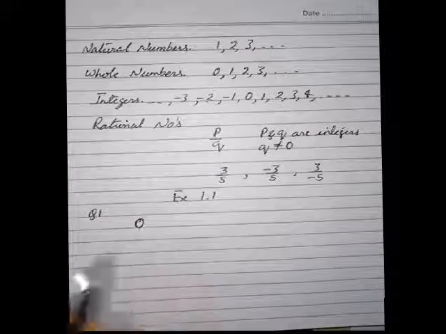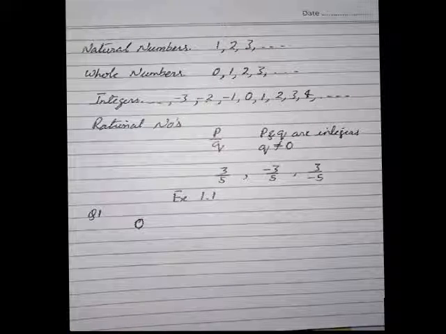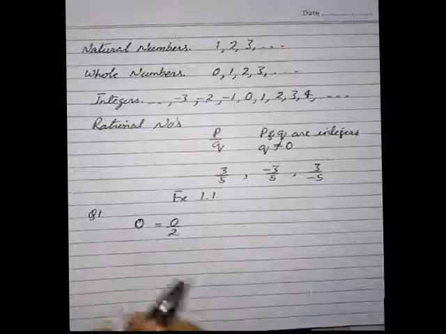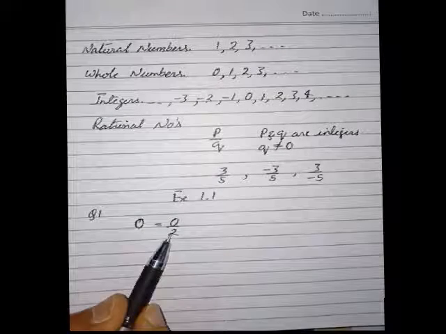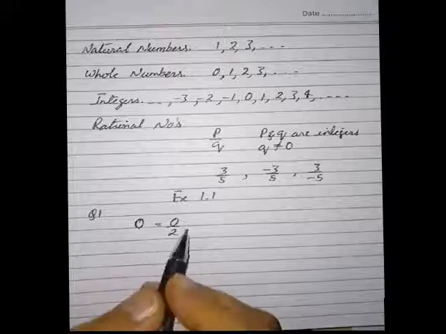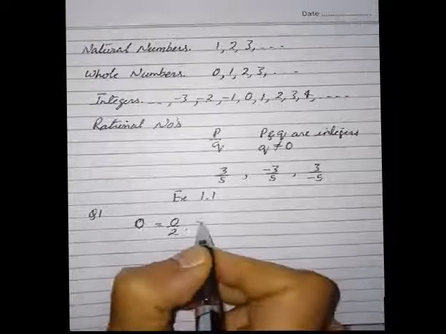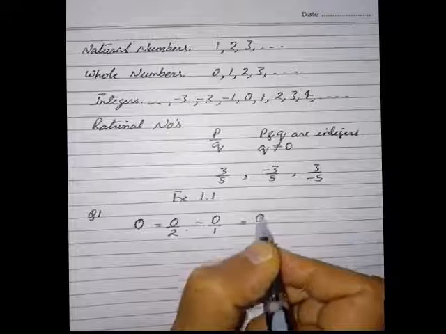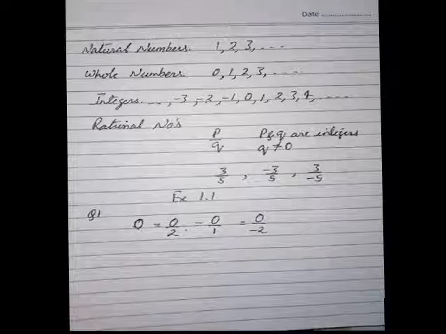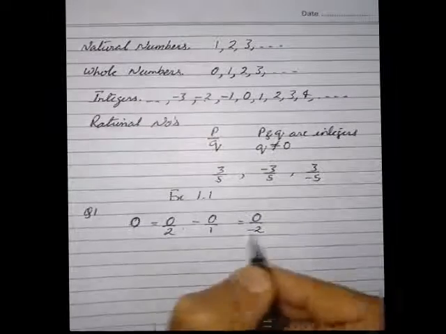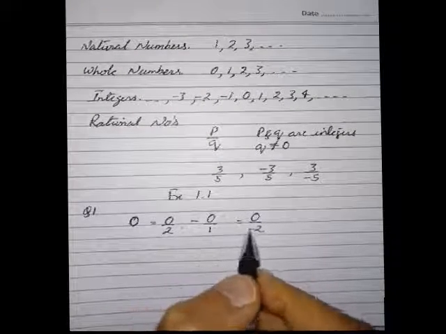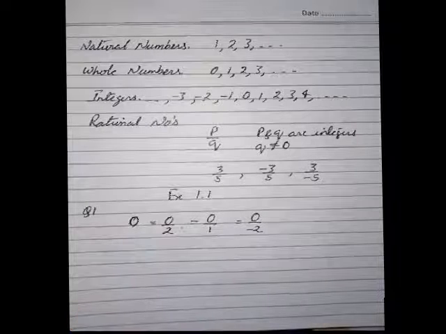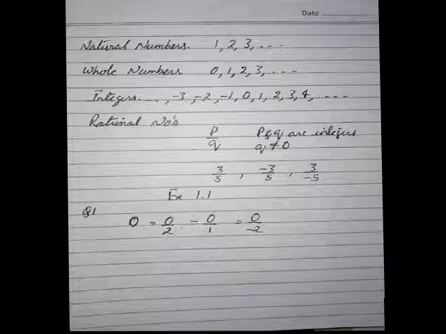We can write 0 as 0 upon 2, because 0 divided by 2 gives the result 0. 0 can be written as 0 upon 1. 0 can be written as 0 upon minus 2, because whatever integer you take as the denominator, you will get the value 0.